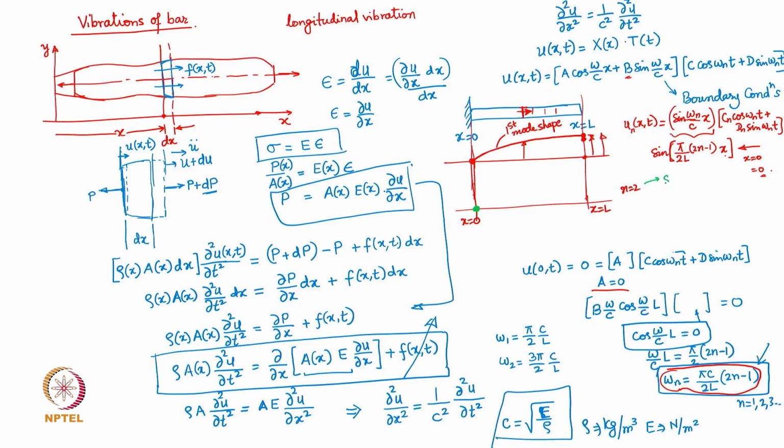For n equal to 2, sine pi by 2 at x equal to L, this is going to be 3, which means the value at the free end is going to be sine 3 pi by 2, that is minus 1 unit to be precise. So sine 3 pi by 2 for x equal to L is going to be the displacement. Now 3 pi by 2 means at the 0 position, that is at x equal to 0.